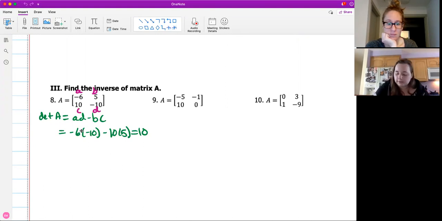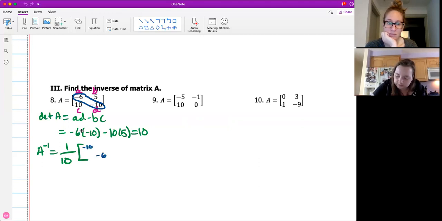To find our inverse, we're going to take A inverse, and that's equal to 1 over our determinant. And then when we have our blue diagonal here, we're going to swap those two numbers. So we're going to have -10, -6.